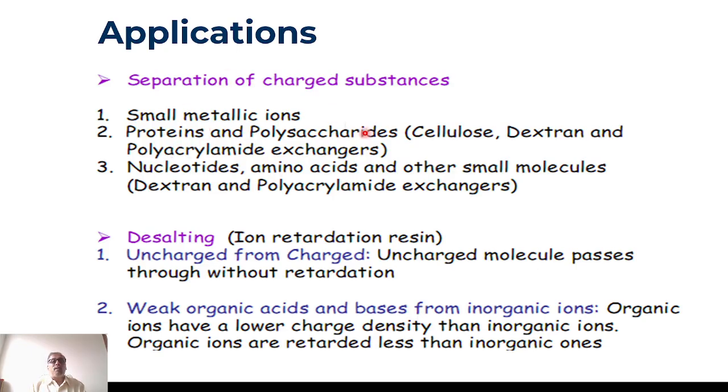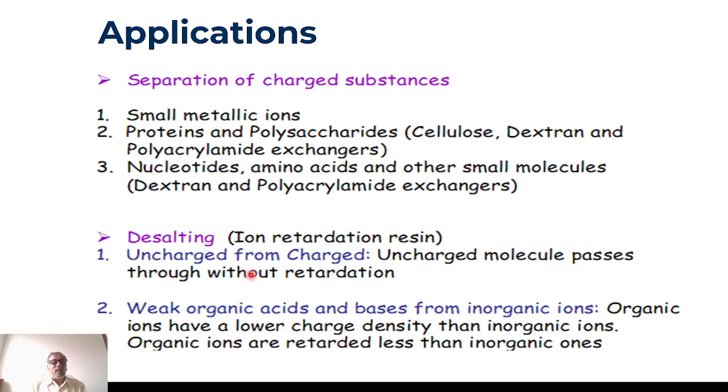If you want to separate large molecular weight proteins or large molecular size polysaccharides, and they carry either a positive or negative charge, you can use ion exchange chromatography. So not only low molecular weight metals, you can even purify large molecular weight macromolecules.